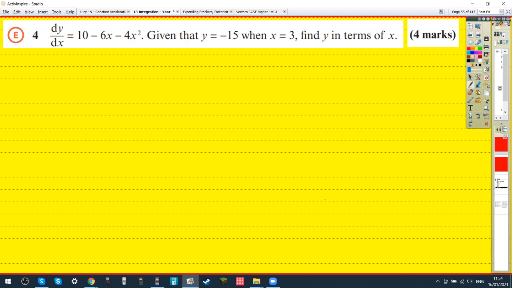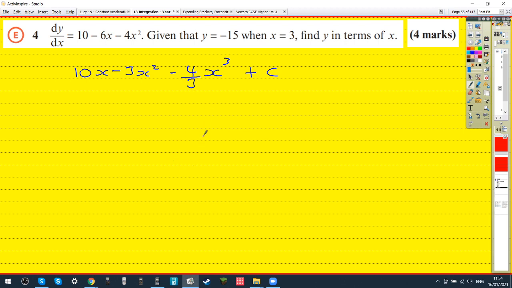So that becomes c plus 10x minus 3x squared minus 4/3x cubed. And put c at the end. Okay. Yep.